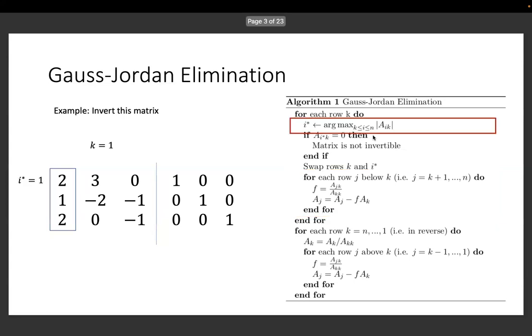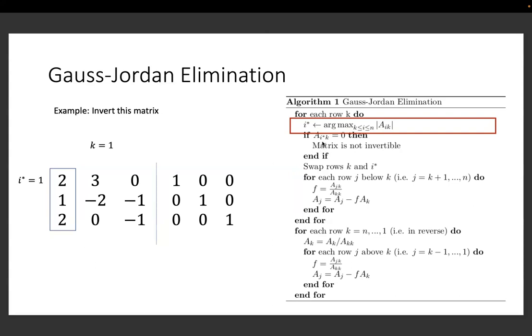Then we check whether this element a i star k, which is a 1 1, is equal to 0 or not. a 1 1 is 2, and it's not equal to 0.